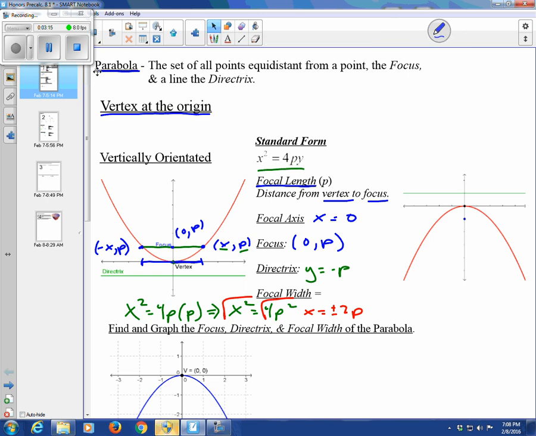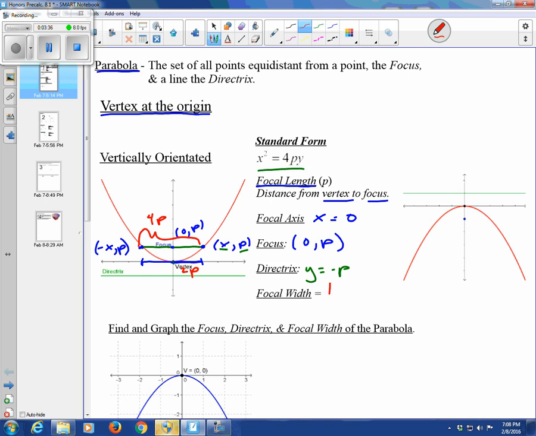In general, what we can see here is that that gives us this length right here, 2p, as being half of the focal width. And so the entire focal width is going to be a length of 4p. And in general, what we say is the focal width is always going to be positive. So what we're going to do is define the focal width as the absolute value of 4p.